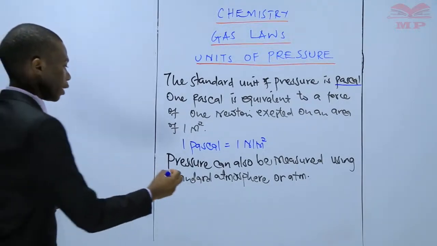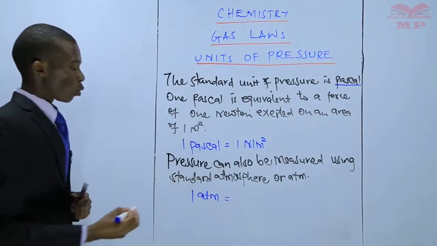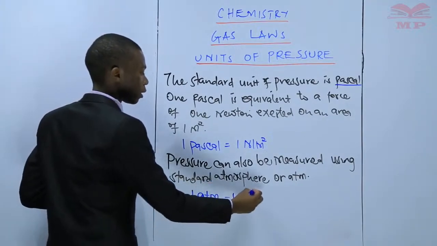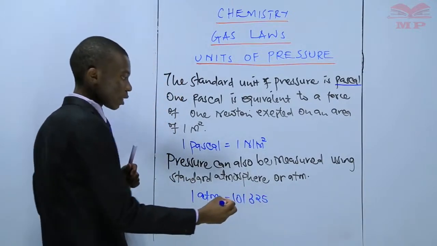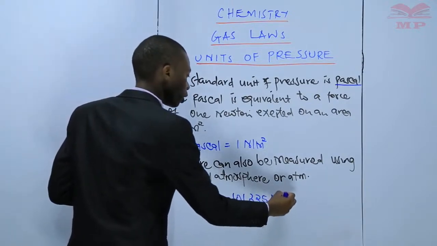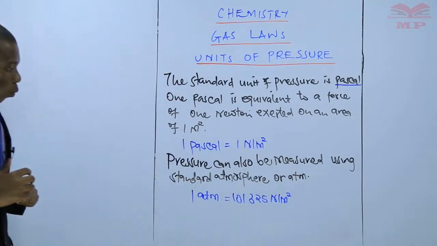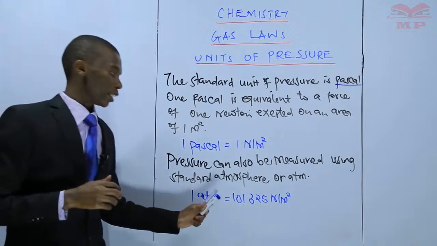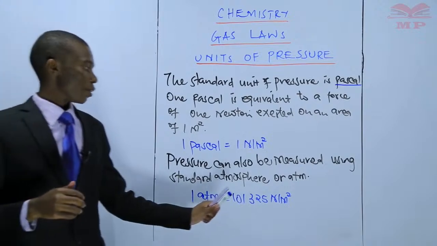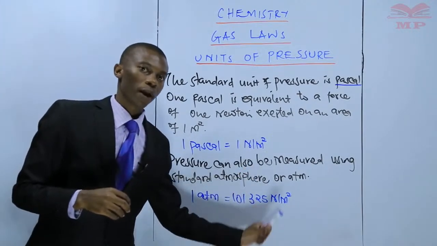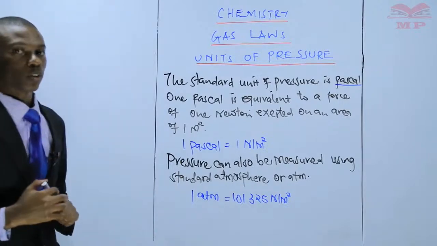And we say that 1 atmosphere pressure is equivalent to 101,325 Newton per meter squared. That is another unit of pressure.